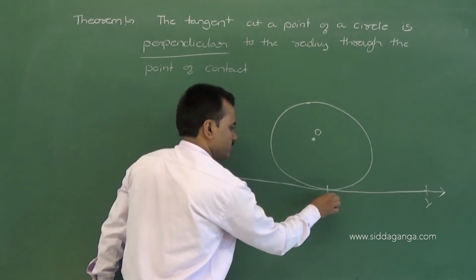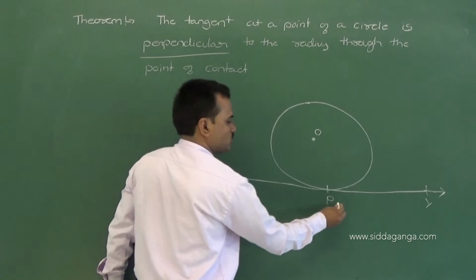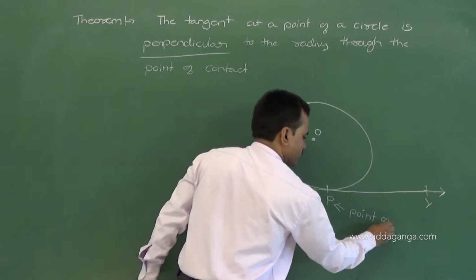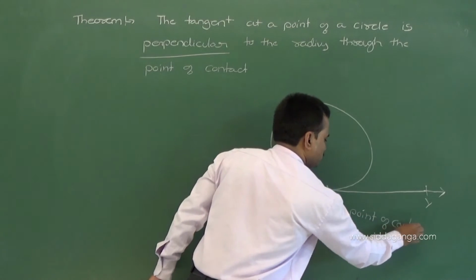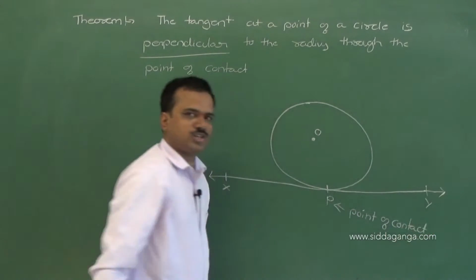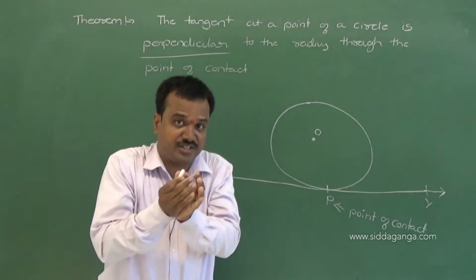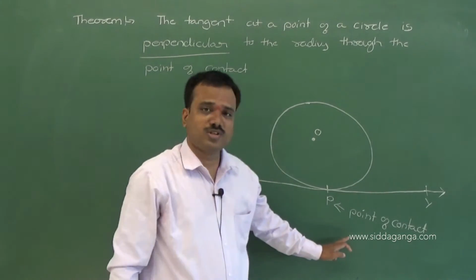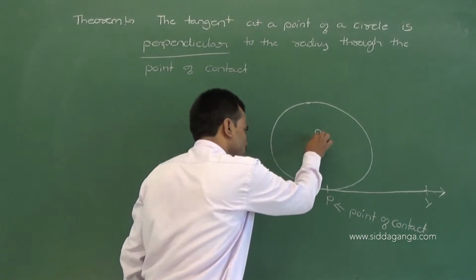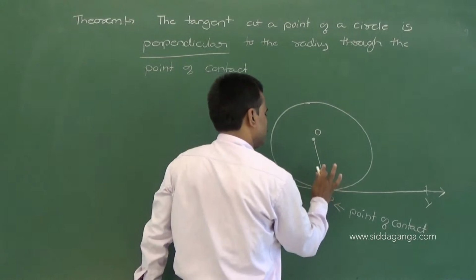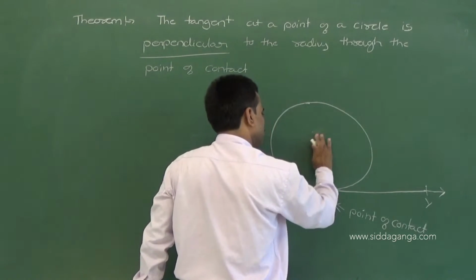This point, what I call P, we call it the point of contact. What did I discuss? Point of contact. Where the tangent and the circle meet, that point we call the point of contact. I draw a radius.